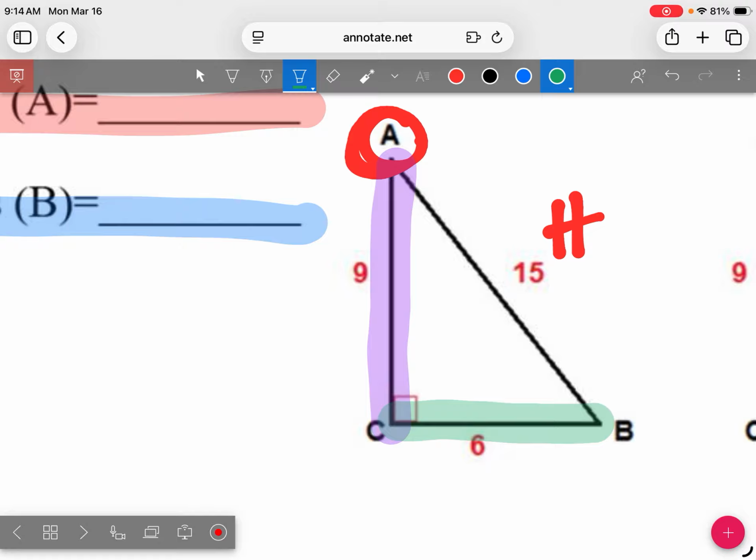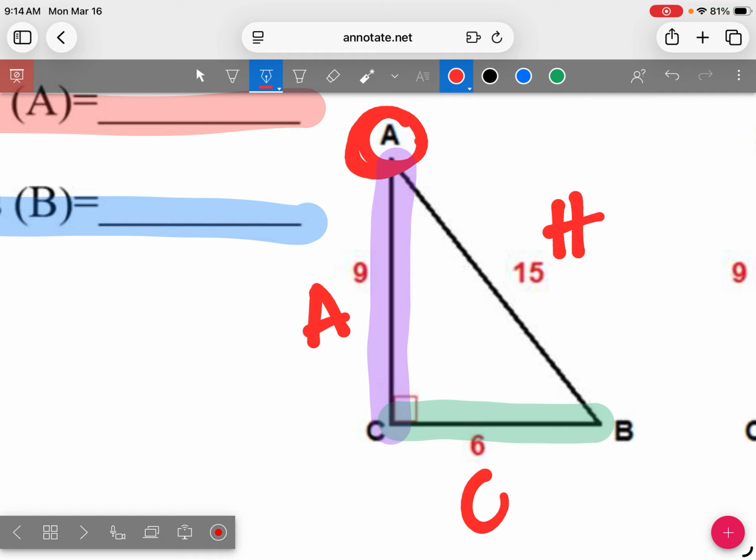Nine is adjacent to it. Another way to think about it is, do you see how this side actually runs into angle A? This purple row actually intersects angle A. That means that 9 is adjacent.